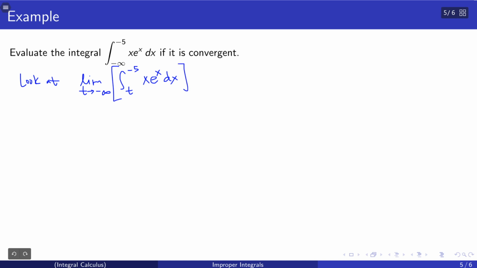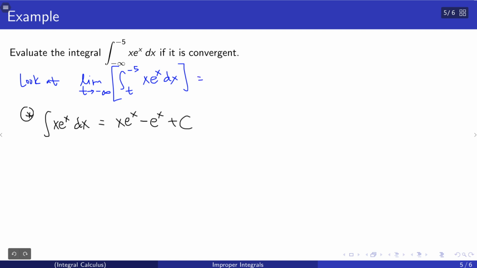Okay, and the first thing you want to do here is to evaluate the integral. I'll do this separately here. X e to the x dx, while using integration by parts, you're going to see that this is x e to the x minus e to the x plus c.